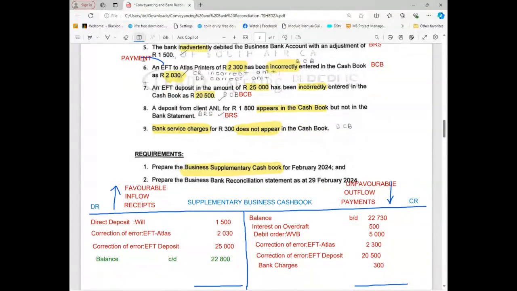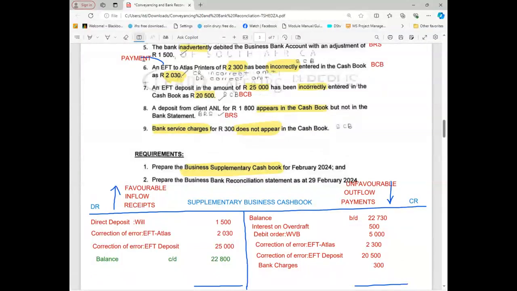Outstanding are the items which are not appearing on the bank statement. It means they are appearing in our books, in the cash book, but on the bank statement, they are not there as yet. We call them outstanding items.